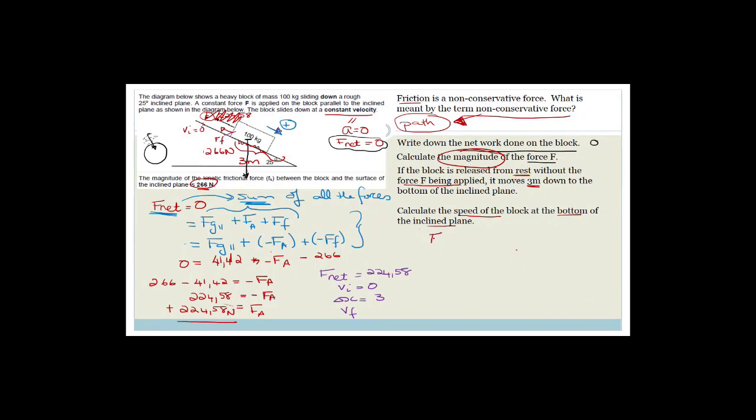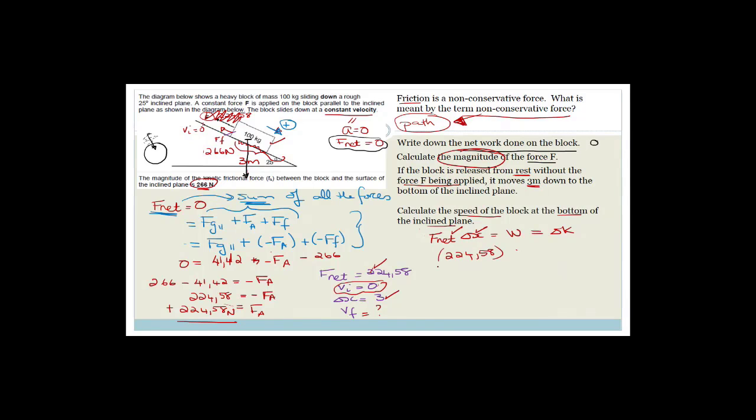We know that F net delta x equals the work done, which equals delta k. We have the net force, we have the delta x, we have the initial velocity, it's 0. So can we work out the final velocity? Yes, because we have mass.